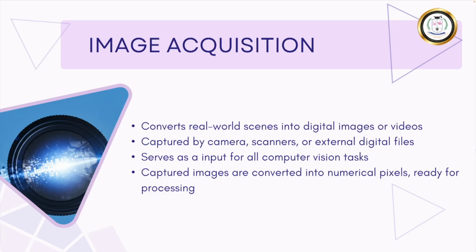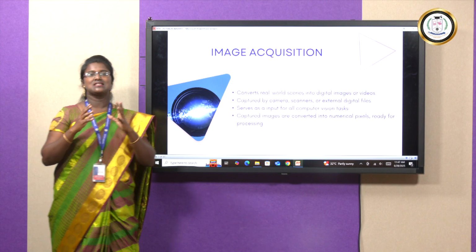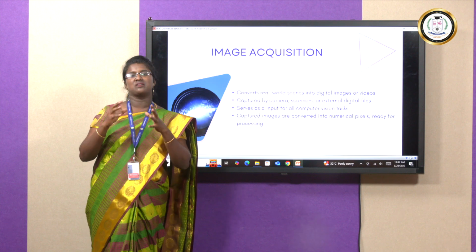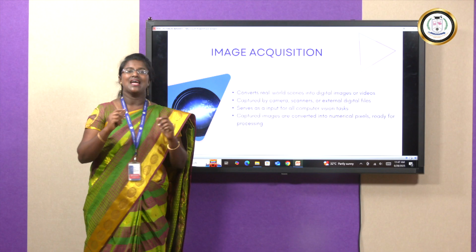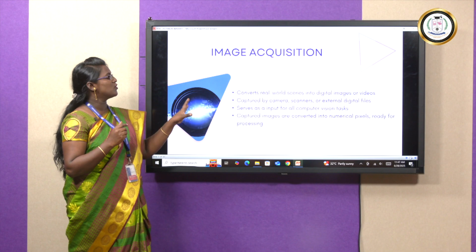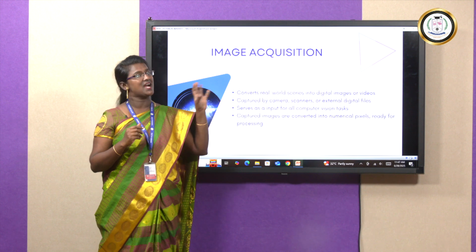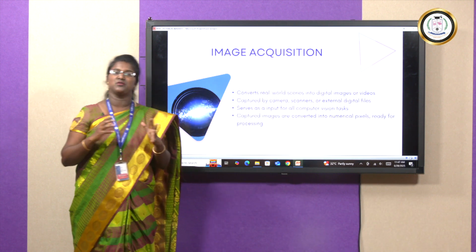Once it's done capturing, it converts the images into a digital format. This digital format is essential for the computer to understand. It is made of numbered pixels, which makes computer processing much easier. And this is the most essential input and the starting step of the entire computer vision process.